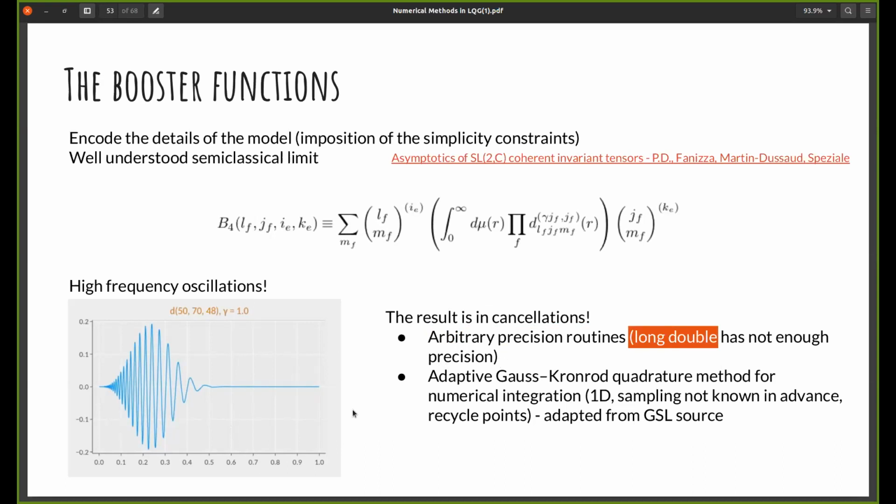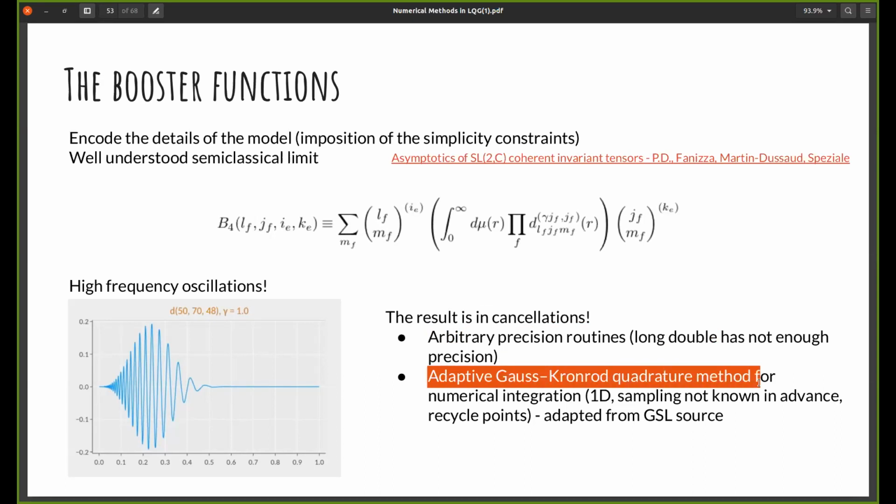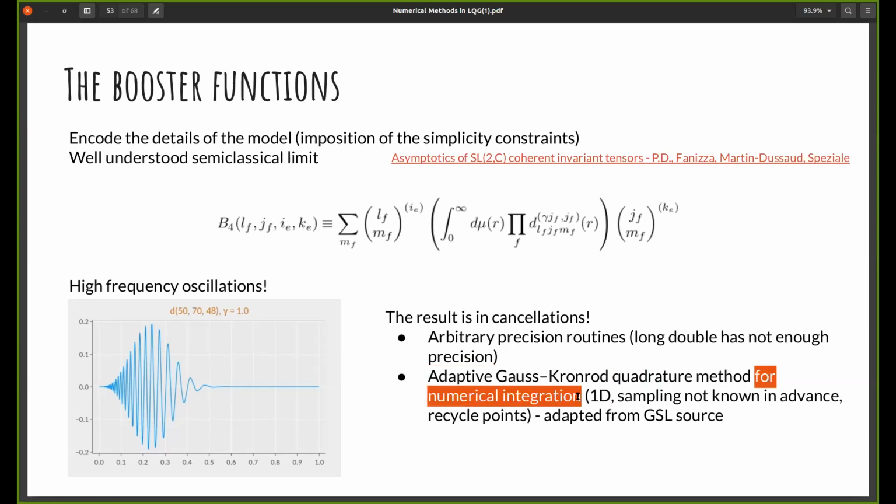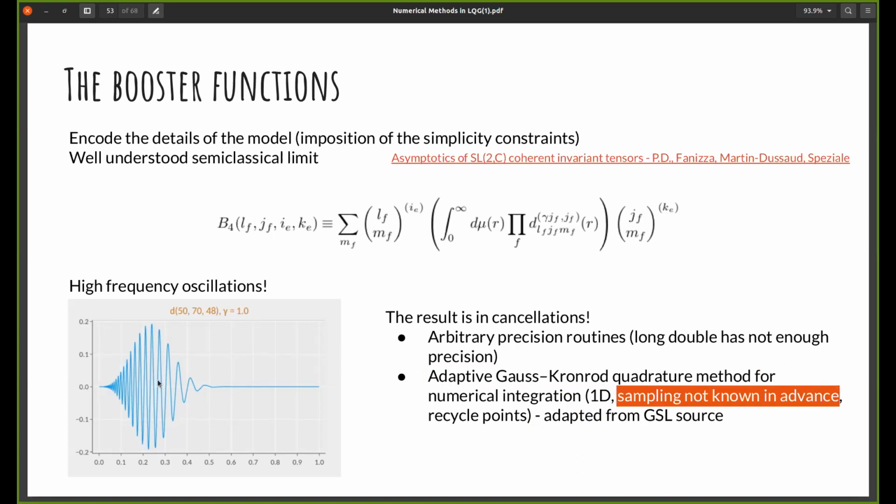And the way we do the integral here is just by using an adaptive Gauss-Kronrod quadrature method, that is just an efficient method to do a numerical integration in one dimension, not knowing how many points you need to sample your function accurately enough.